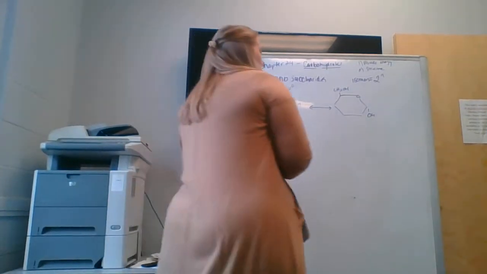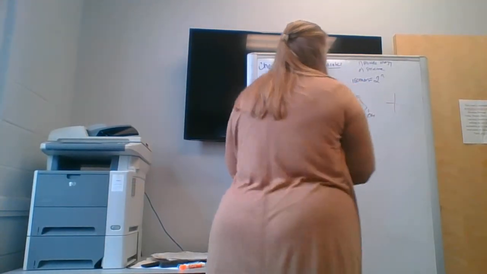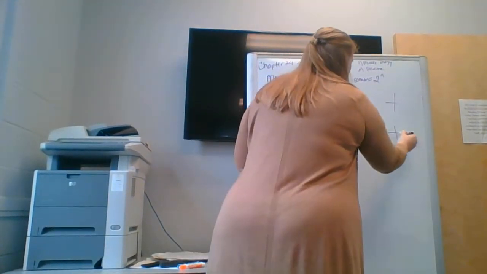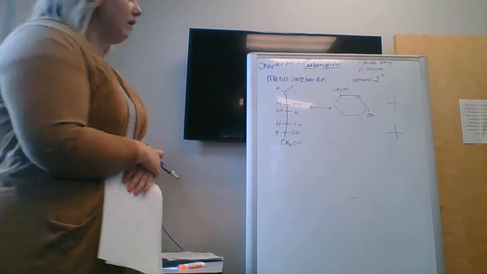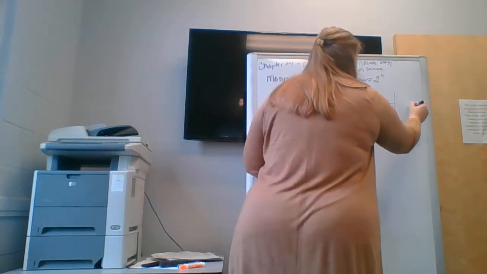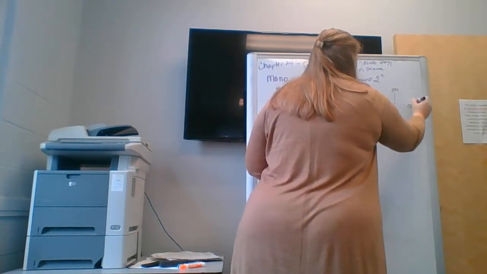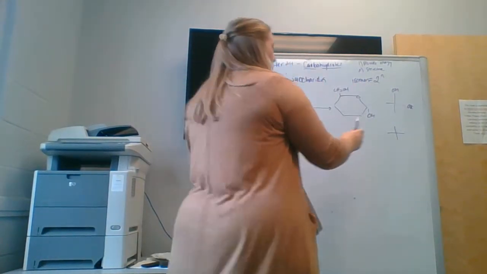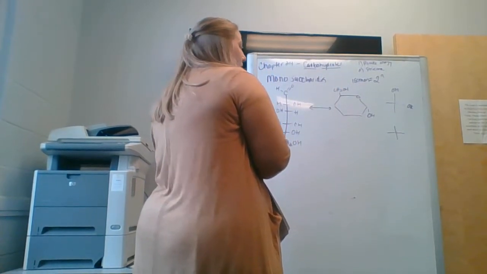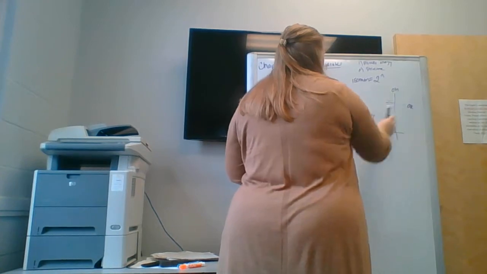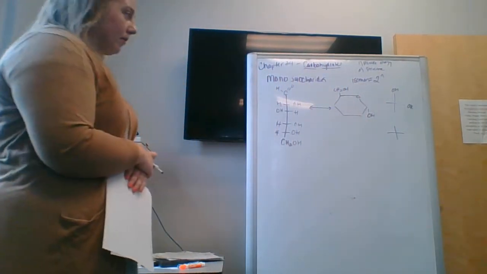So let's pull back a little bit. You've talked about functional groups called hemiacetals and acetals, okay? Hemiacetals are when you have a COC, so an ether bond, and an OH bonded to the same carbon.